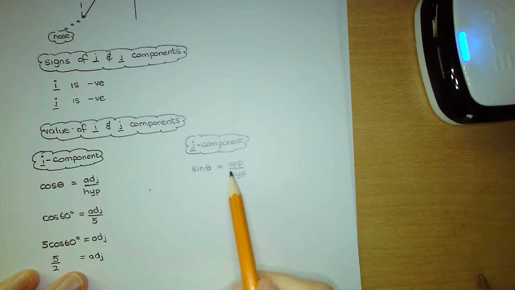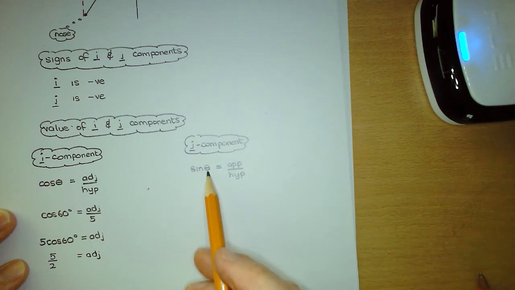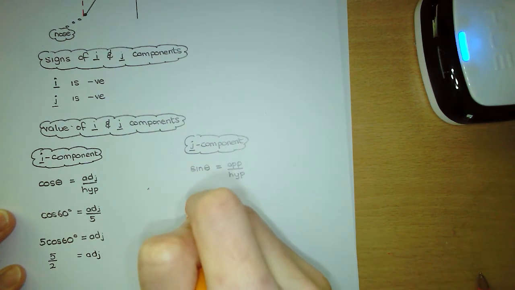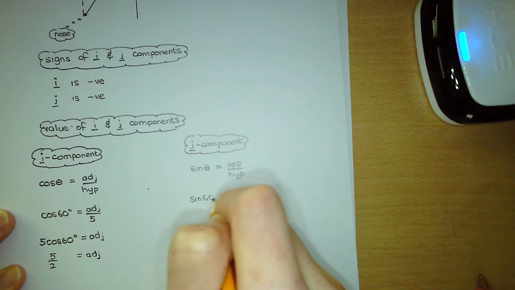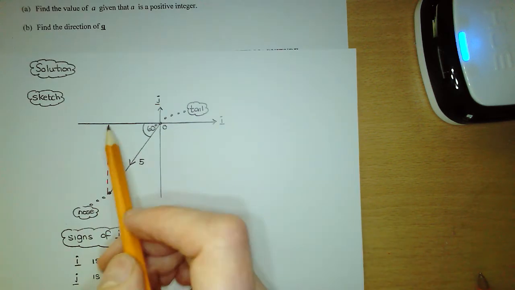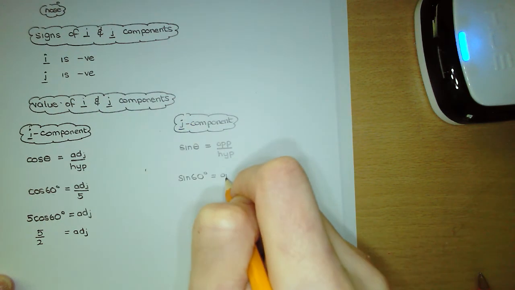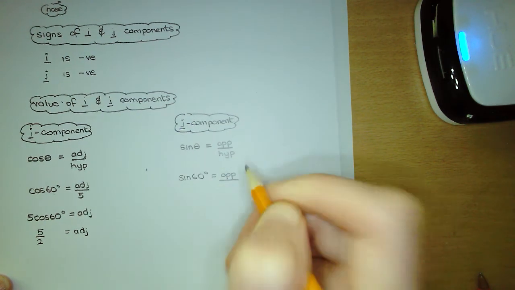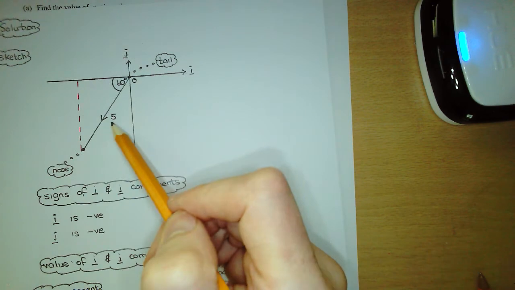And then we're going to sub in all the information. So remember, the angle is 60. So sine 60 is equal to the opposite. That's what we're trying to find. The j component is the opposite, divided by the hypotenuse, which is 5.